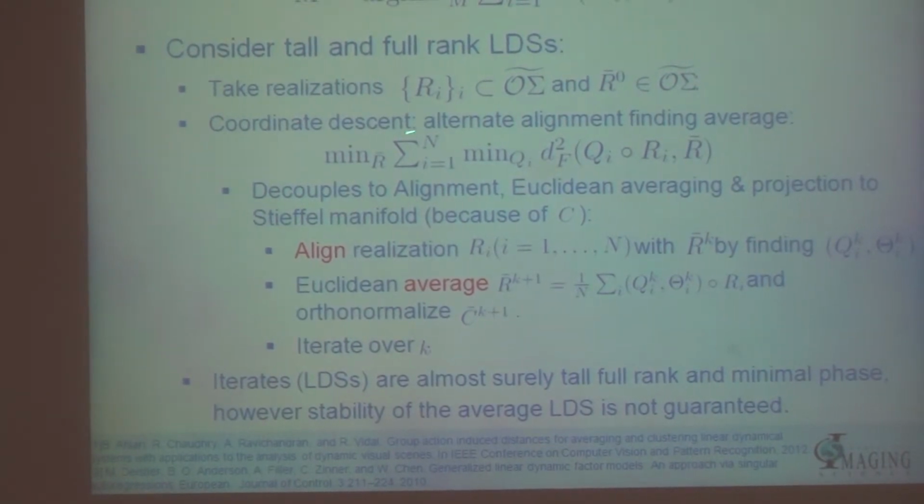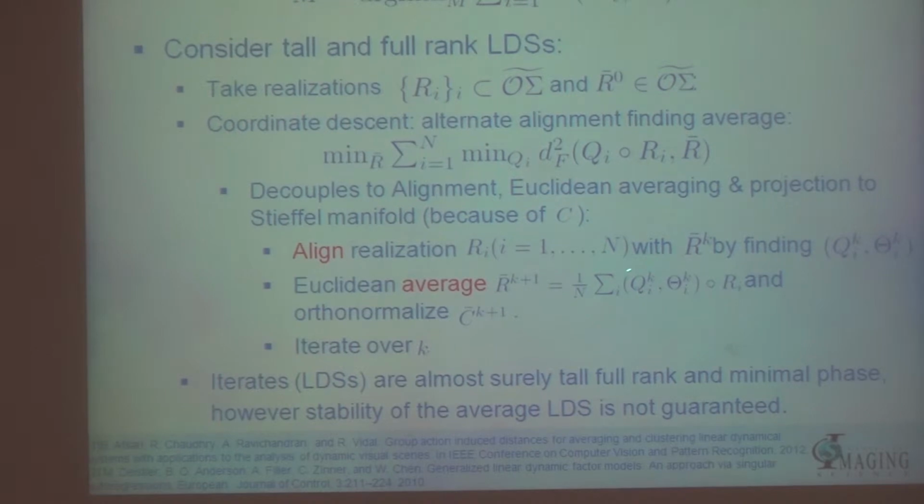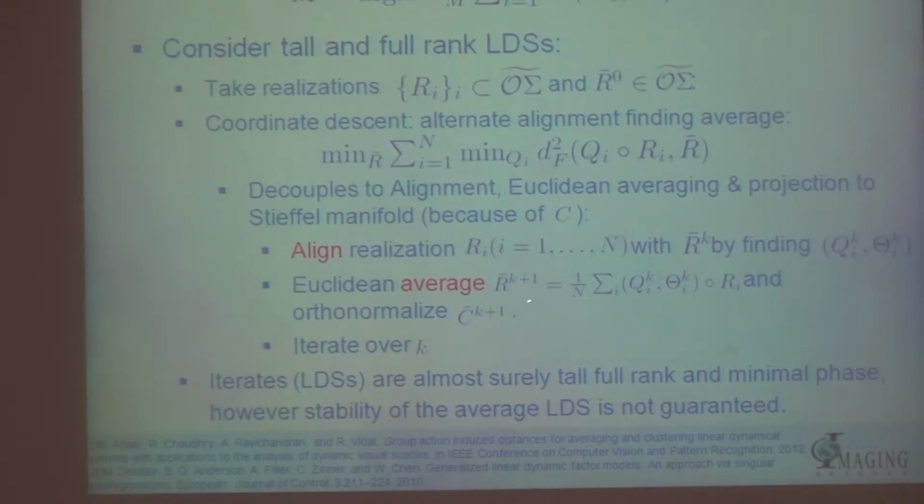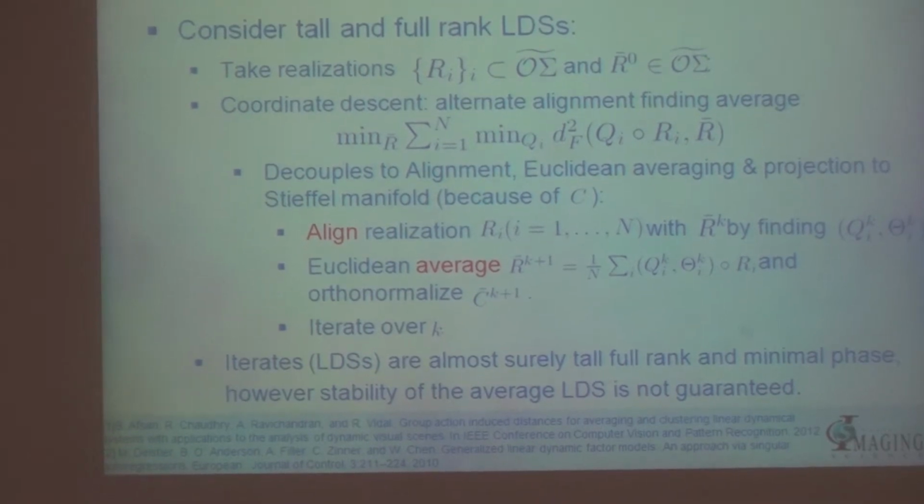You choose your realization and align it to a target average. After you do alignment, because of this Frobenius norm, this decouples into Euclidean averages. So you align realizations with respect to a target realization, then you take the Euclidean average, and at the end you should do an orthonormalization on C. This comes from the condition that C transpose C is equal to identity, and you iterate. This also happens in other, for example, shape space averaging algorithms.